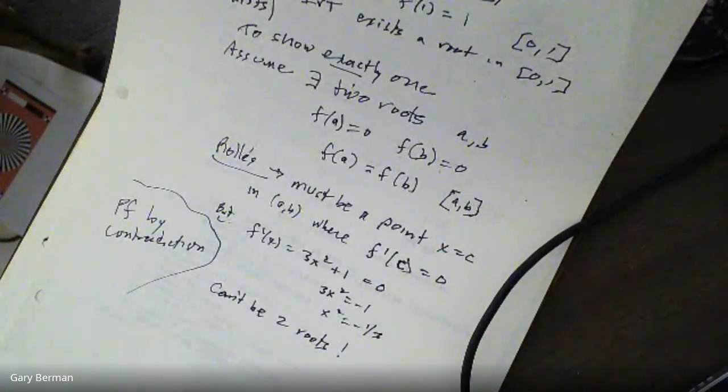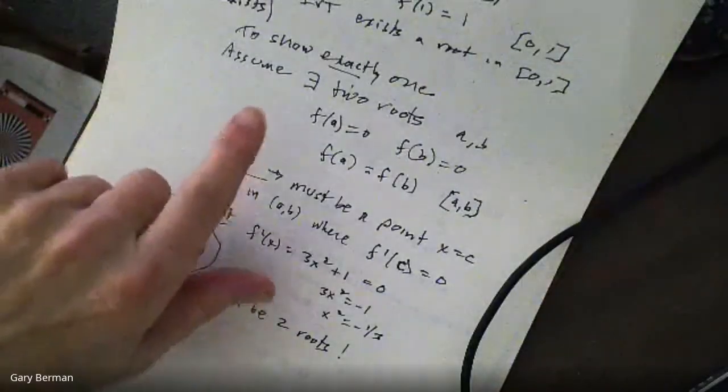Yeah, sure, Mayan, what's the question? So after you wrote the proof by contradiction, we're going to assume the opposite, that there are two roots. How did you then get f of a equals 0, f of b equals 0? Okay.